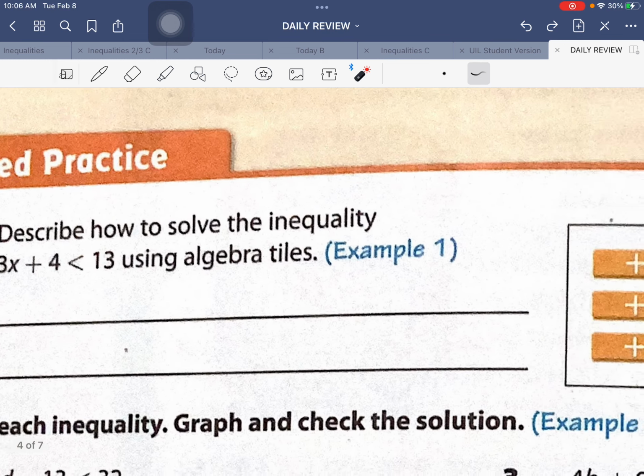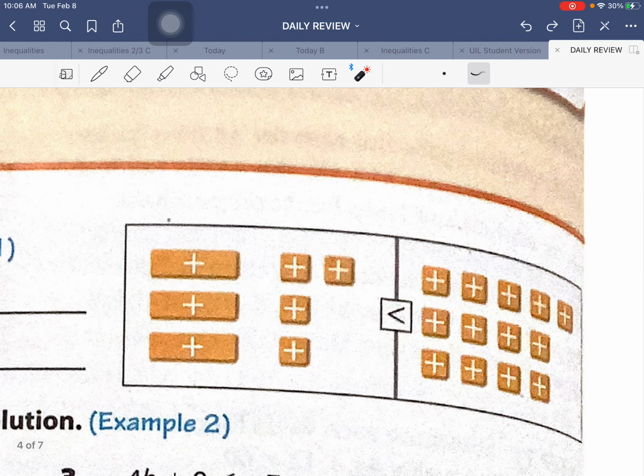How do you solve these, guys? What can we do? Don't worry, I can wait. And so can you.